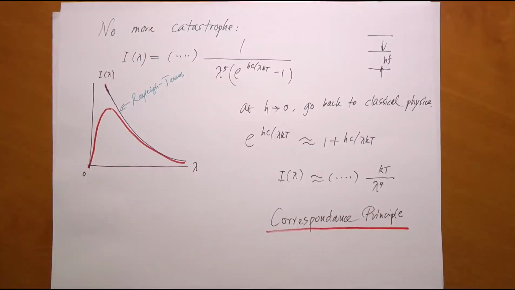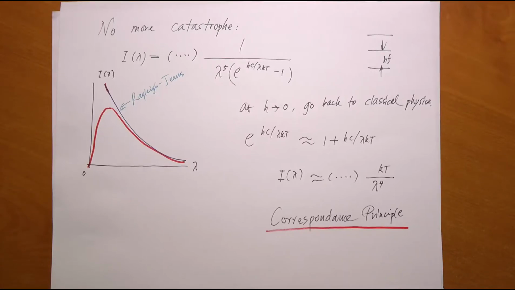And that is, when you write a new theory to expand the horizon of the old theory, to take the old theory to a region where it did not work before, the new theory is only correct if, when you take all the parameters back to where the old theory is supposed to be valid, the new theory agrees with the old theory. This is the so-called correspondence principle, and we see it actually works here.